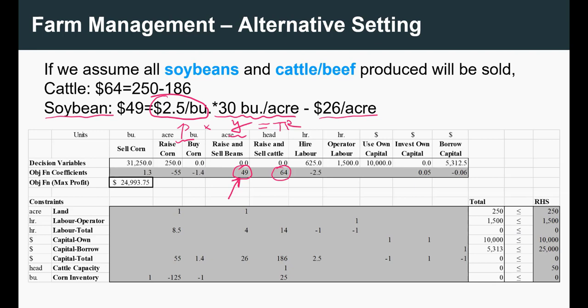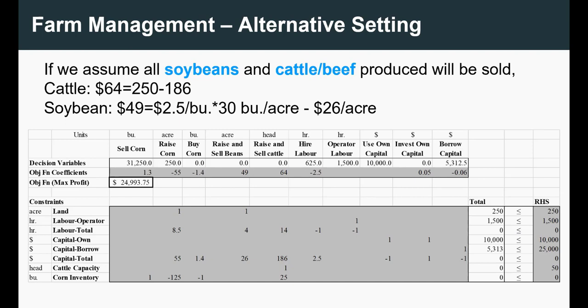This number is also from the budget table. If you add the different costs together, you end up with this total cost. So that's additional calculation you need to do if you're setting your problem differently.